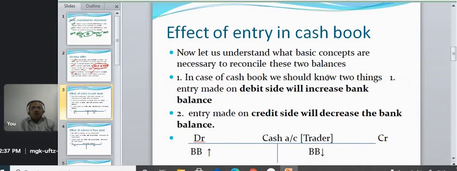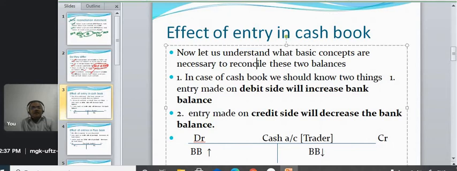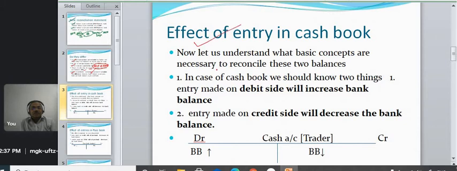Now, before we do reconciliation, you must understand what the effect is when a trader enters in his cash book. I do not read all these things; I trust pictures are better at explaining. Now, in this cash account, when a trader passes an entry on the debit side, the bank balance increases.